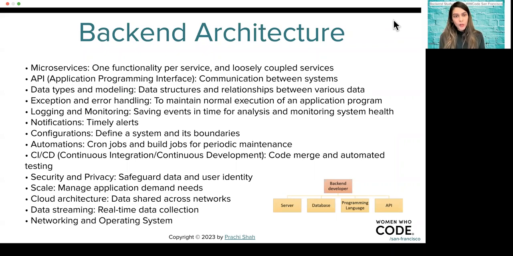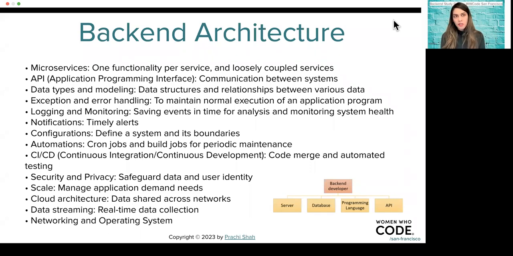Automations: you would want to have cron jobs or Jenkins build jobs or some other kind of build jobs, which basically are done for some kind of periodic maintenance for the system. Or it can also be something where periodically or regularly your data is being fed to the database, or some kind of backend data processing is happening, and you would want to automate that.